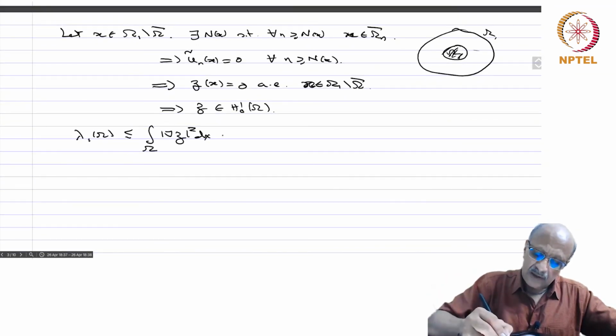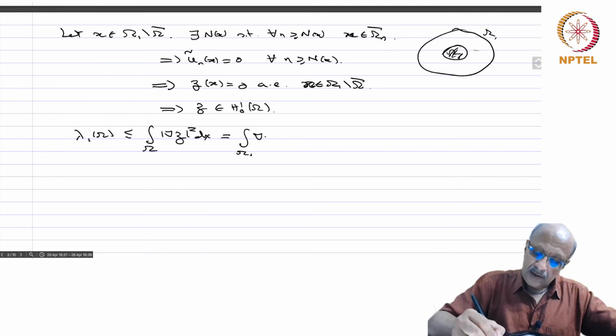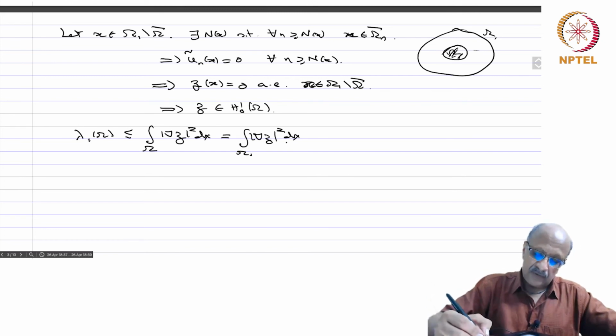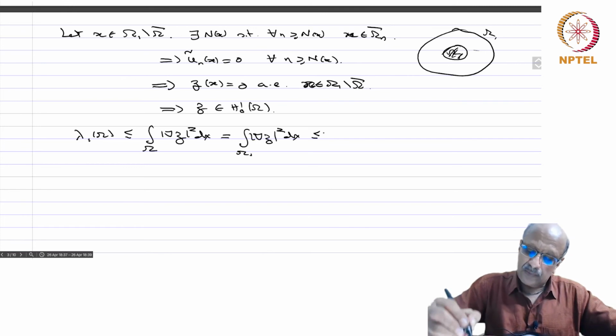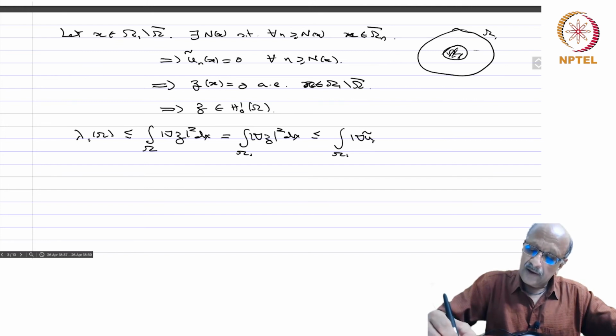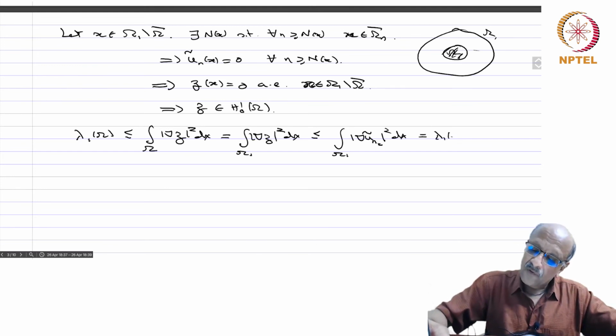This is equal to the integral on Omega_1 of |grad z| squared, because outside Omega bar everything is 0, and that is less than or equal to, by weak lower semi-continuity, the lim inf of the integral of |grad u_{n_k} tilde| squared dx, and that we know is lambda_1 of Omega_{n_k}.